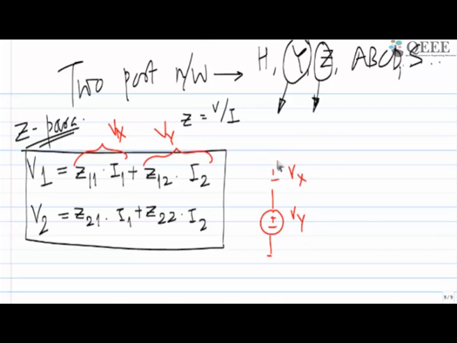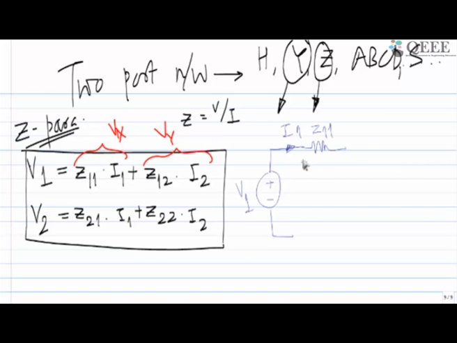So the same KVL I am going to use. V1 is equal to, so there are two voltage sources I should put on this side. One is Z11 times I1. So I1 is already available on this side, and there is a resistance which is Z11.